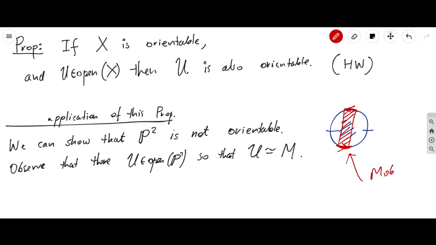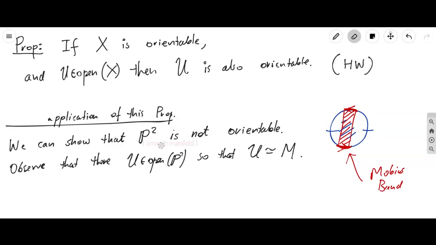So the point is that the projective plane, which, by the way, is a smooth manifold, that was a homework question. The projective plane, actually any projective space, is a smooth manifold. And the question is, does it have an orientable atlas or not? An oriented atlas.